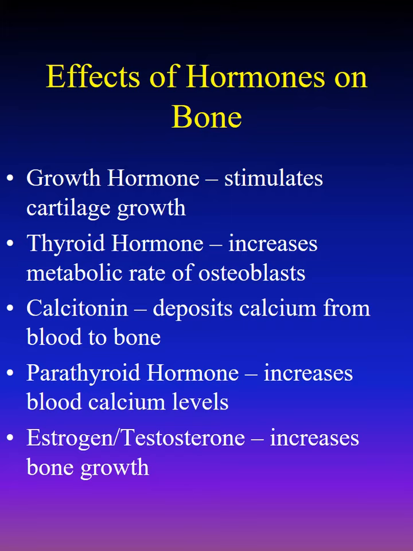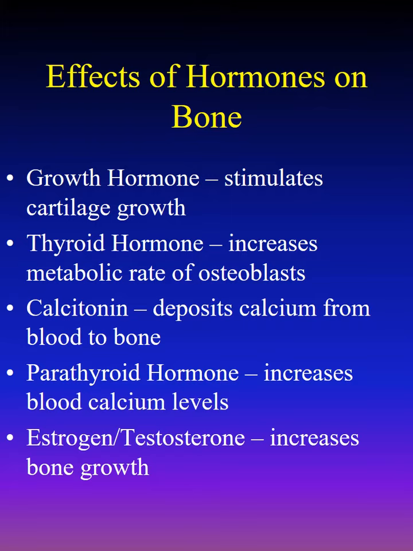And if you remember, osteoclasts are the ones responsible for phagocytizing and releasing calcium into the blood. So if we have high levels of calcitonin, this results in high levels of calcium being brought from the blood to the bone, and so there doesn't have to be this degradation problem of the osteoclast activity.